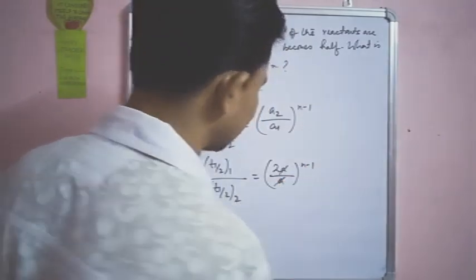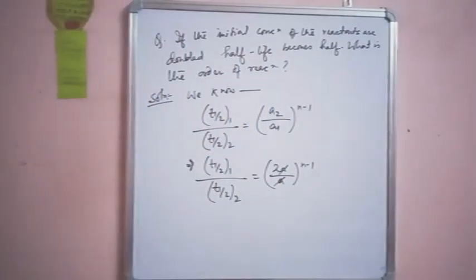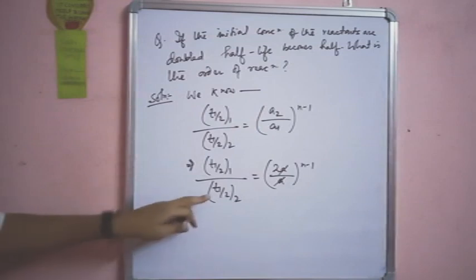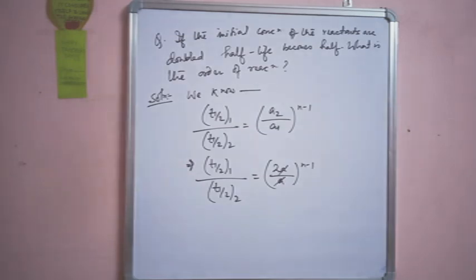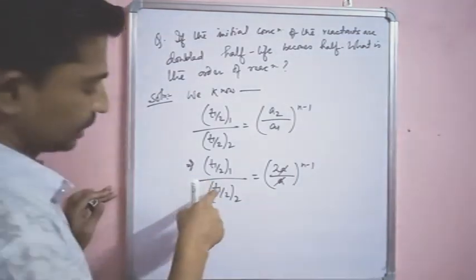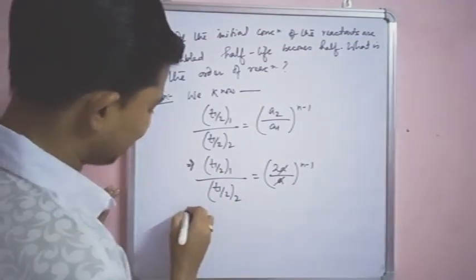So A cancels out. So that is 2 to the power n minus 1. And T half becomes half. So it will be twice of T half 1, that is T half की जगह पे हम ये रख सकते हैं.